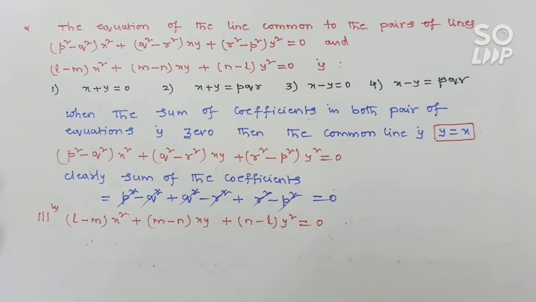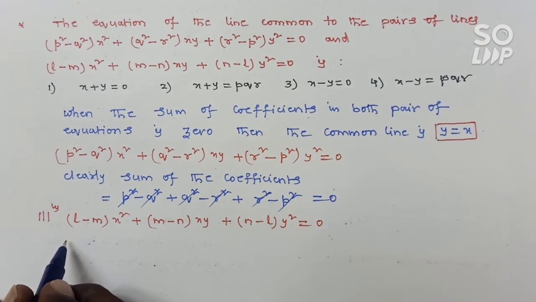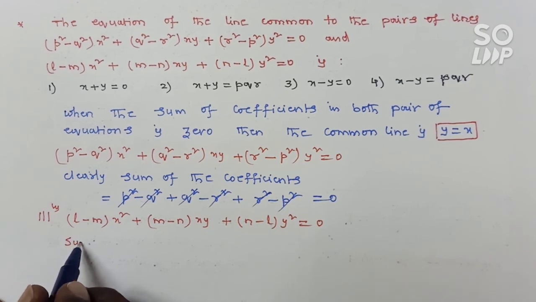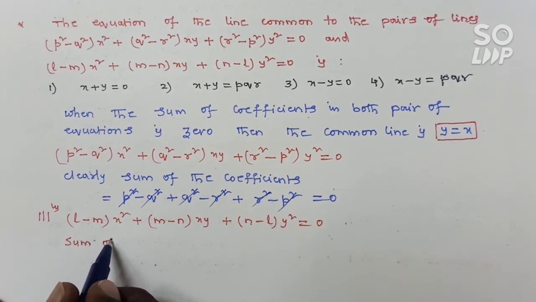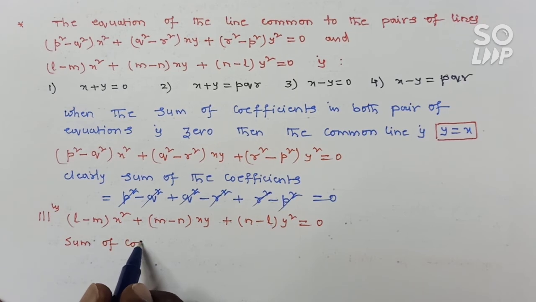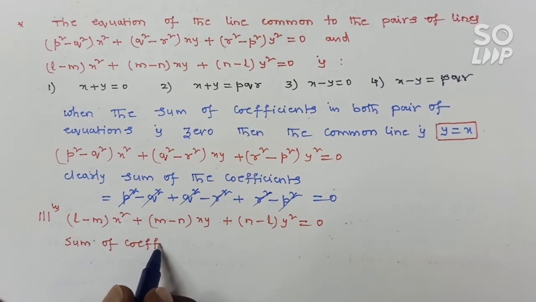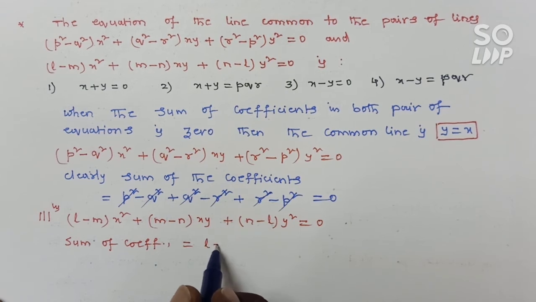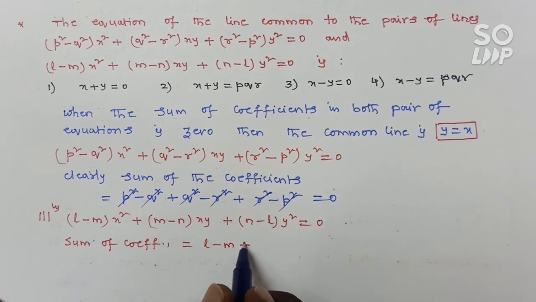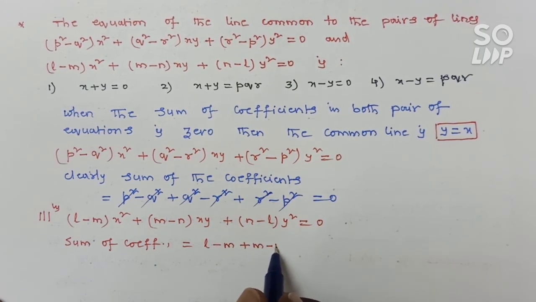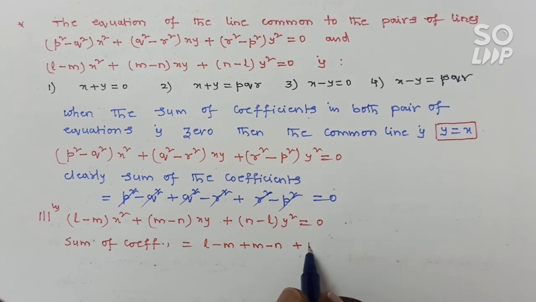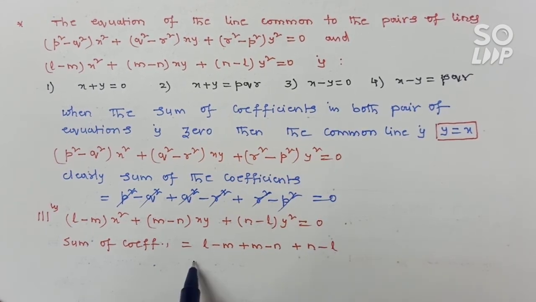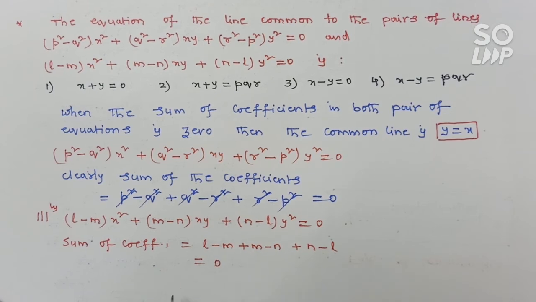In this one also, the sum of the coefficients is L minus M plus M minus N plus N minus L. This value will be equal to 0.